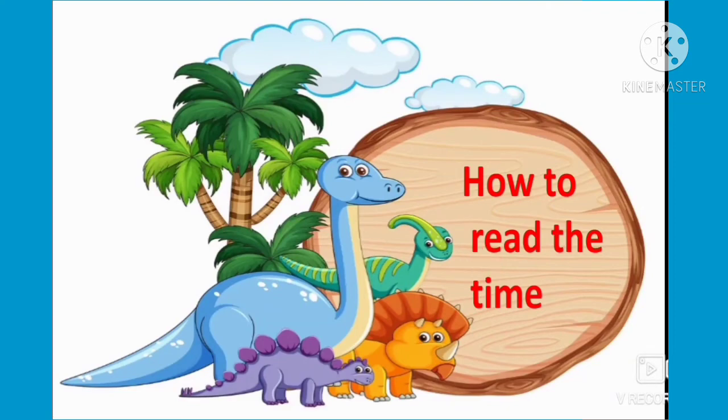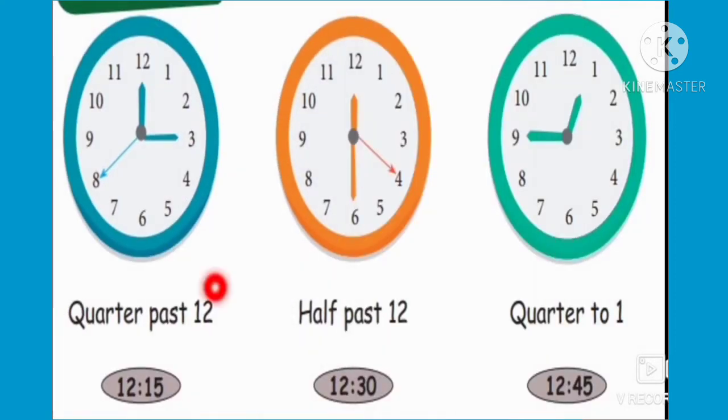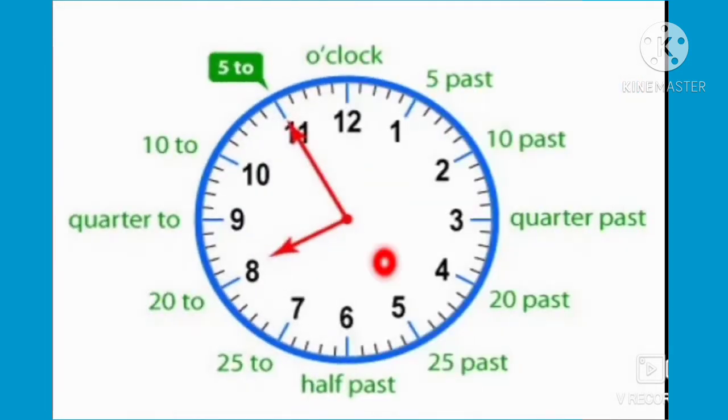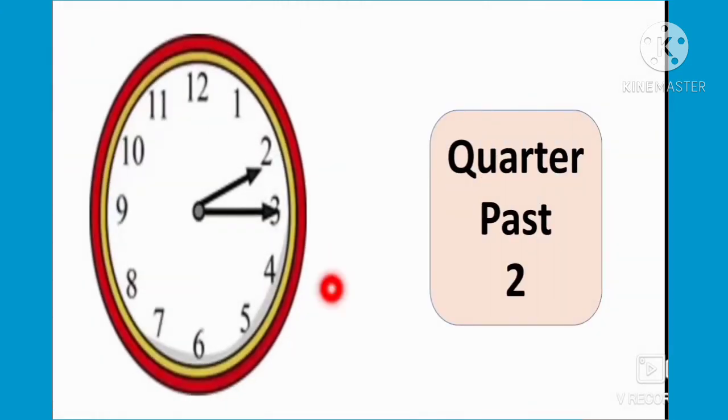How to read the time? Quarter past 12, 12:15, half past 12, 12:30, quarter to 1, 12:45. A clock can be broken down into quarters. Each quarter of a clock is 15 minutes. So, we know that when the big hand of the clock hits 3, that is quarter past the hour. Here the time can be read as quarter past 2.